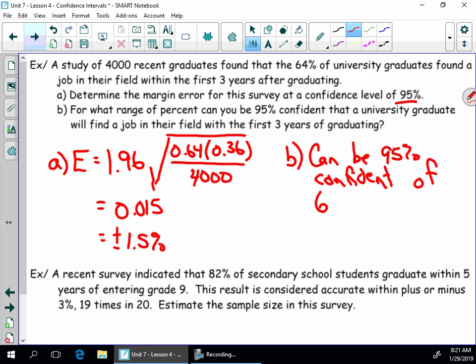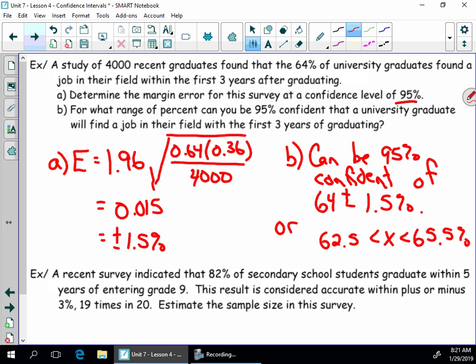How many do we start with? 64, or plus or minus 1.5%. Or, if you want to, from 62.5 up to 65.5% of people will find jobs within the first 3 years of graduating.